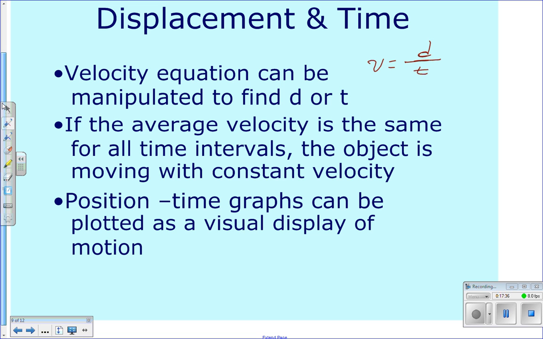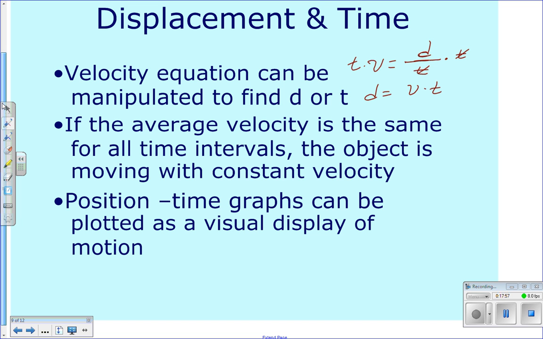Okay? That can be rearranged to find t. It can be rearranged to find d, depending on what you have to work with and what they're asking you to find. All right? We multiply both sides by t. Then d is equal to v times t.